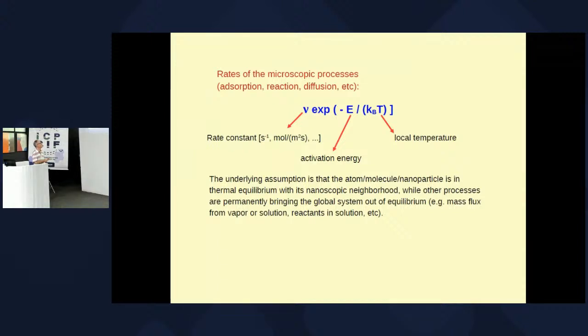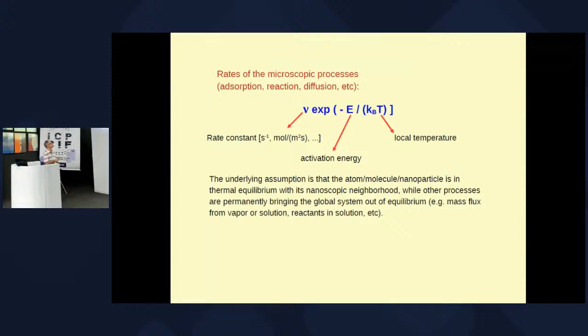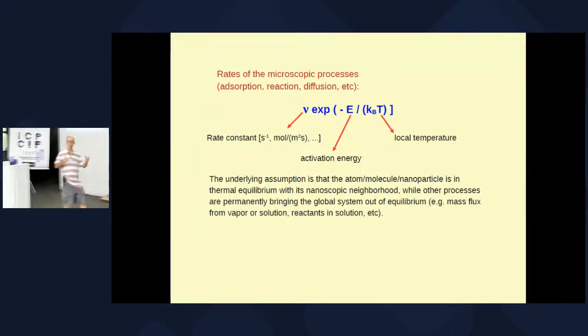An assumption underlying all these methods is that the atom or molecule or nanoparticle, which is the building block of our model, is in thermal equilibrium with the neighborhood, with a nanoscopic neighborhood.